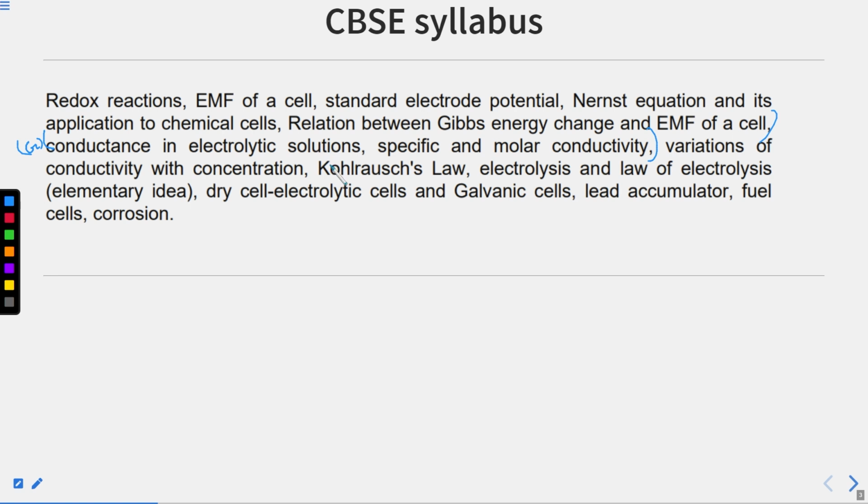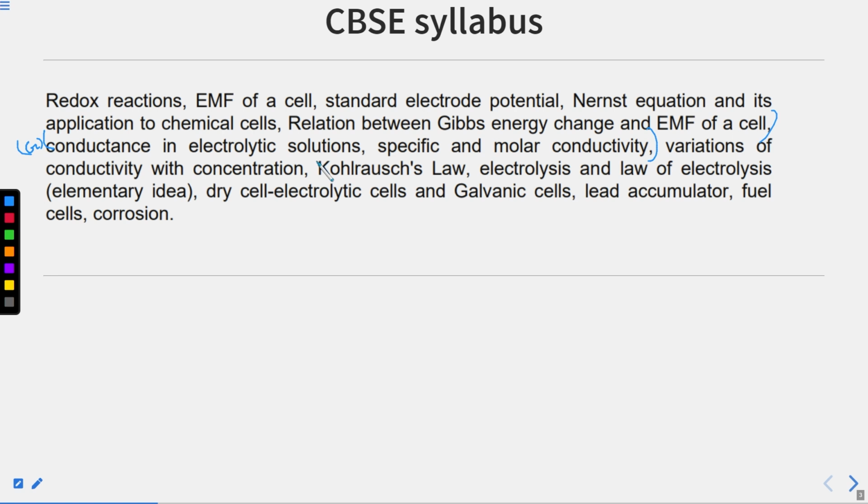Then we moved to specific resistance, in which I said that it is the resistance of the body when the substance is present as 1 meter cube, and the length is also 1 meter, such that the cross sectional area is 1 meter square. In that condition, whatever the resistance will be is equal to its specific resistance.